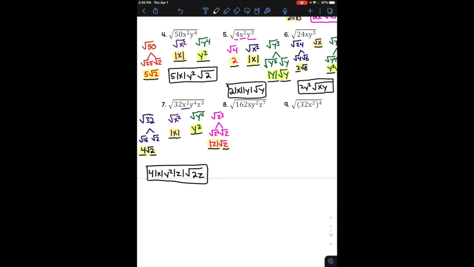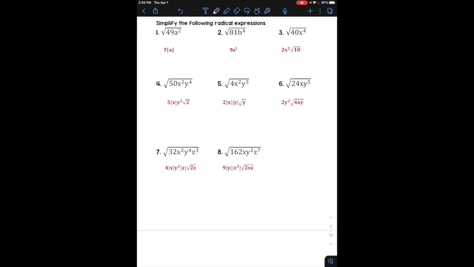Here is our answer for problem number 8. The square root of 162. 81 is the biggest perfect square that goes into 162 2 times, which would result in 9 root 2. The square root of x cannot be simplified, therefore the x is staying inside the radical. The square root of y squared is the absolute value of y.